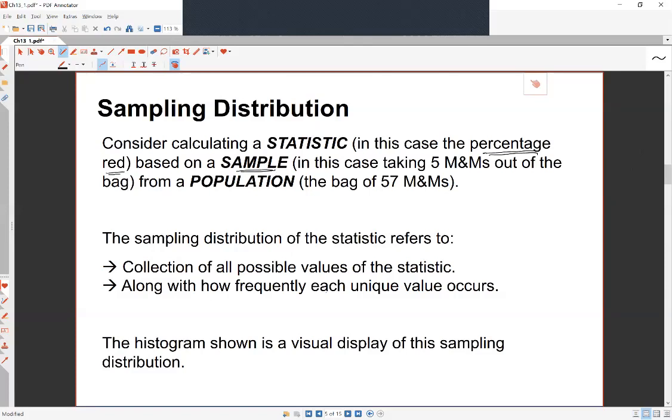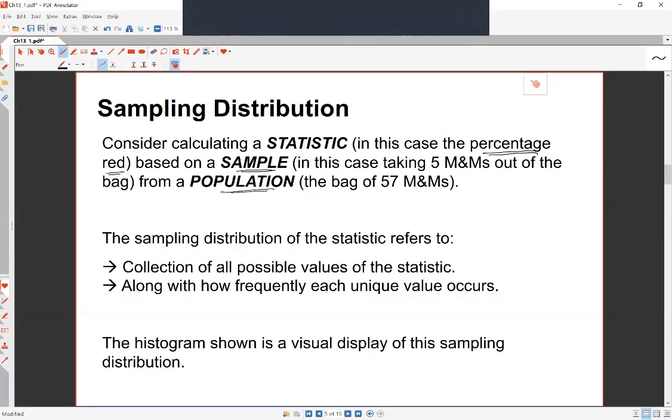Those 5, they represent our sample. The full bag of 57 would be our population. And so in a population of 57, we're taking a sample of size 5, and we are then calculating in our sample what proportion or what percentage of the sample is red. So we could do this repeatedly.